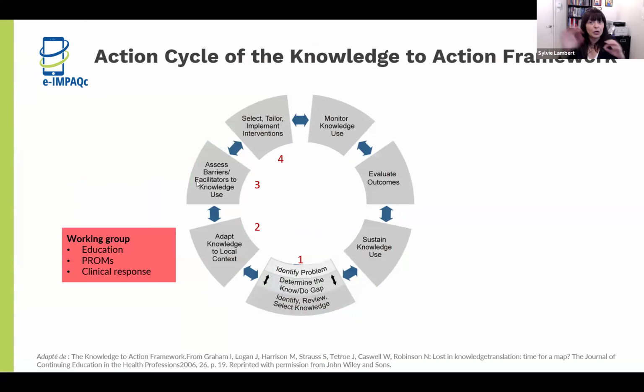So we did have working groups across the different centers to be able to adapt the knowledge, so we had an education working group. So we wanted, for example, for constipation, the recommendation is the same across all centers. And I'm laughing a little bit because the number of conversations I had about whether it's 8 glasses of water or 10 glasses of water for constipation is more than I ever wanted.